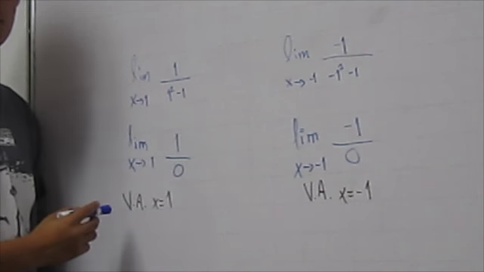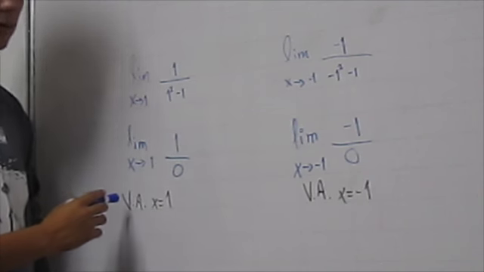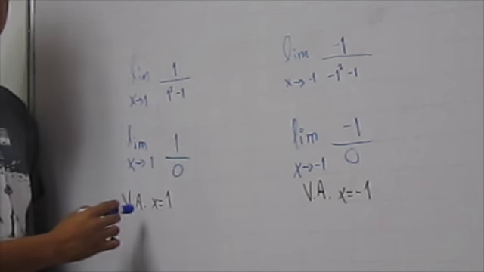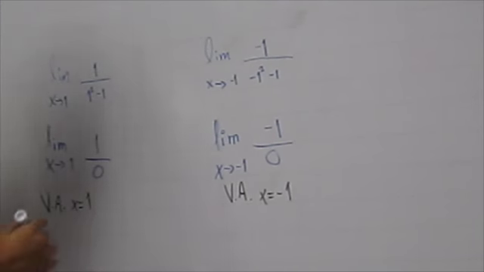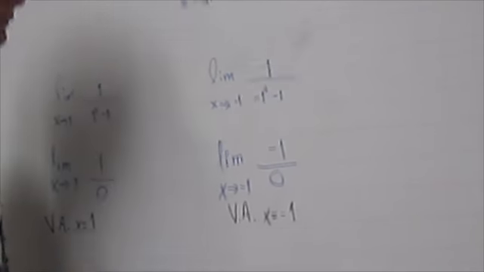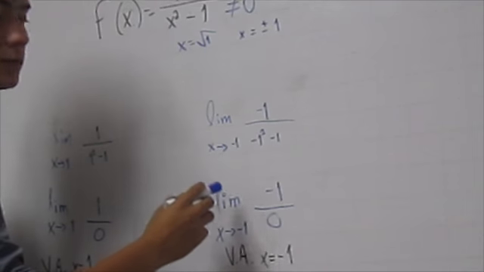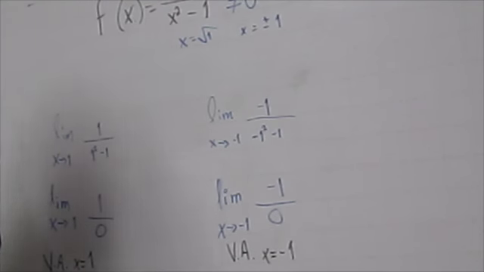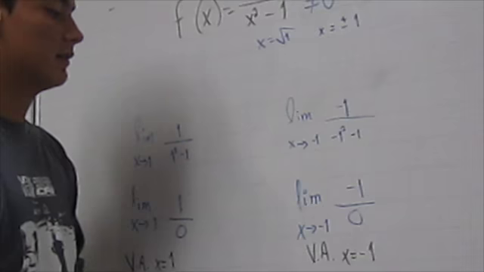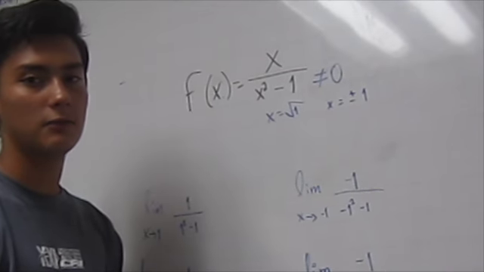So with this, we know that there is no gap, but there exists a vertical asymptote at x equals 1. We do the same thing at x equals -1. We substitute and it gives us -1 over 0. This also means there's no gap, but there exists a vertical asymptote at x equals -1.